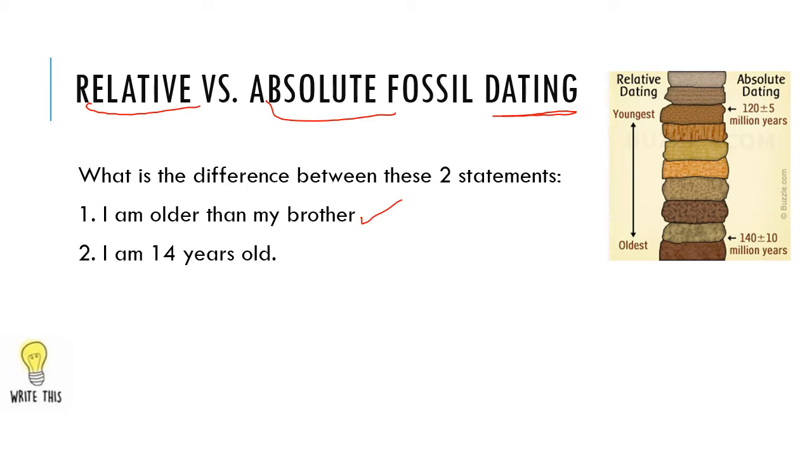This one is more relative. It's more of a guess. Whereas in the second one, I am 14 years old, that's telling you really directly what the age is. So this one is going to be the absolute age. Gives you an actual number. So whenever you're thinking about absolute, you have the actual number.